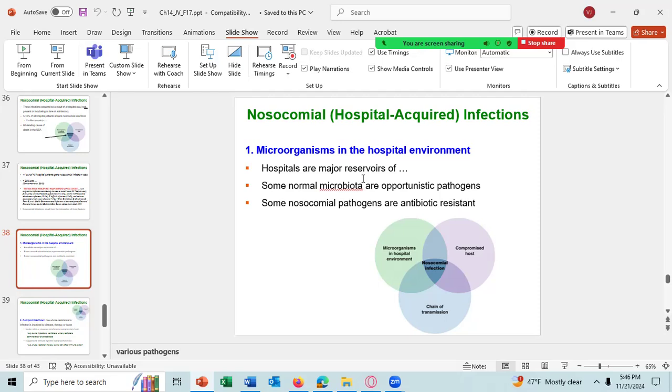And then there's some normal microbiota, which are opportunistic pathogens, and they can cause a nosocomial infection. And then the worst are some nosocomial pathogens are antibiotic resistant.